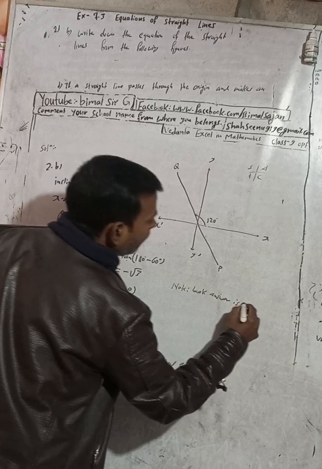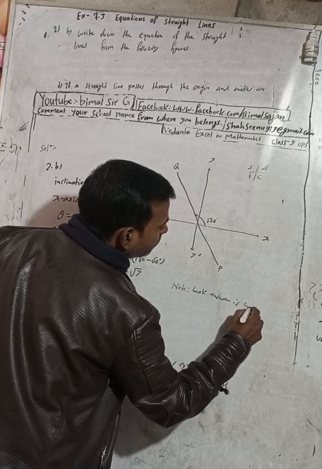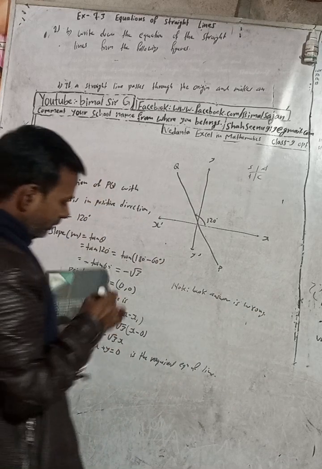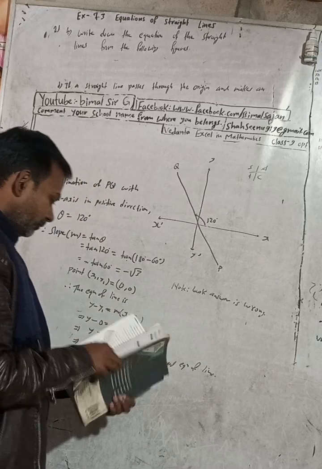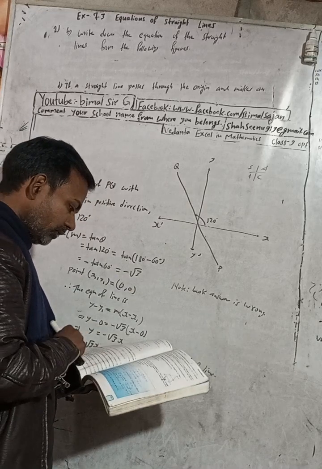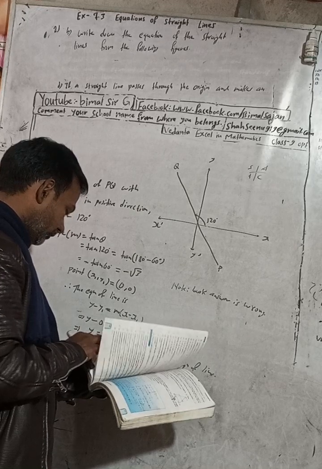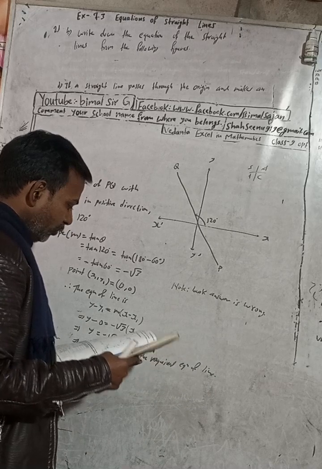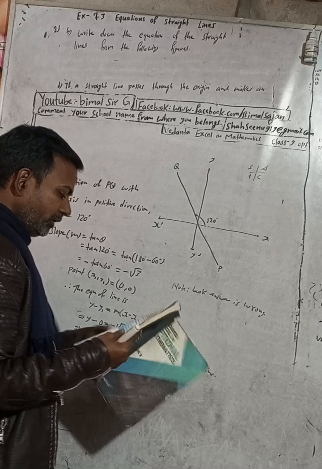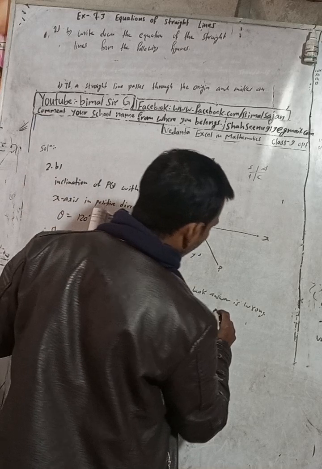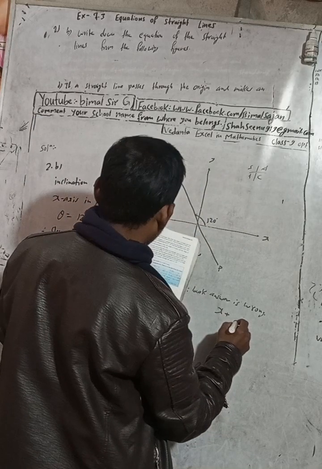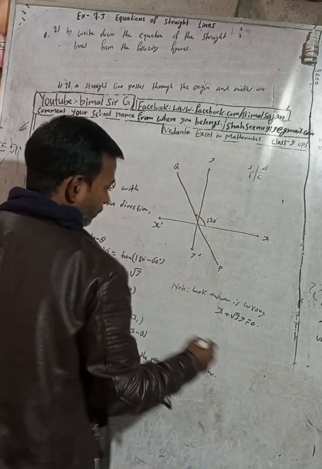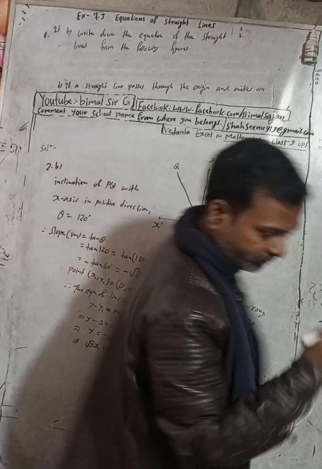The book answer is given here: 2b, x plus root 3y is equal to 0. So this is wrong, this is the wrong answer.